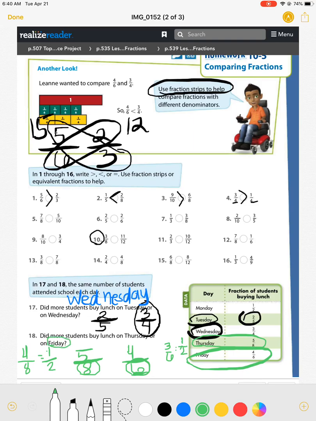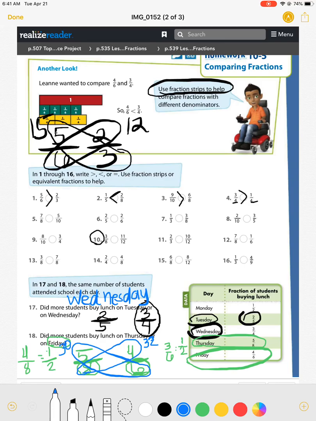Let's cross multiply to check. Eight times 4 is 32. So 32 represents the fraction 4/6. 6 times 5 is 30. So what's greater, 30 or 32?